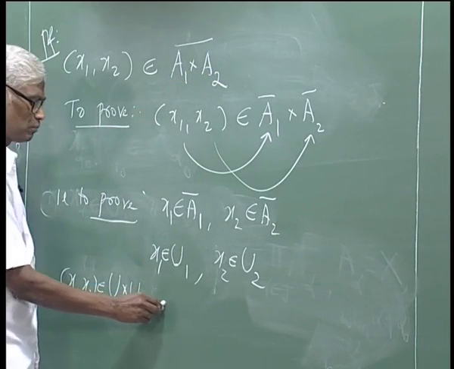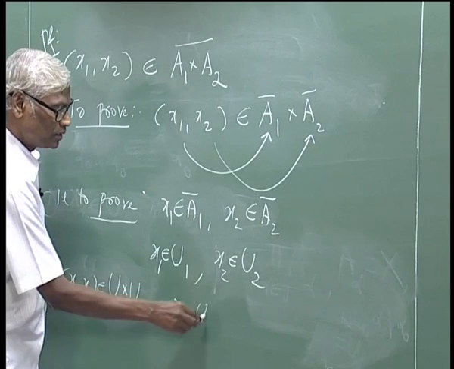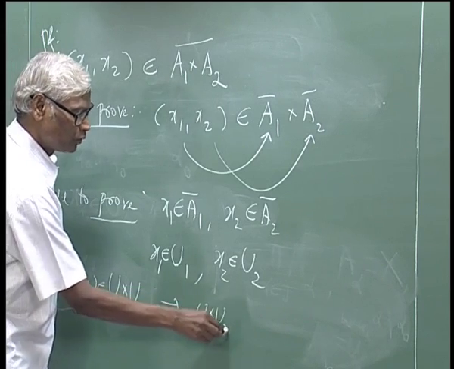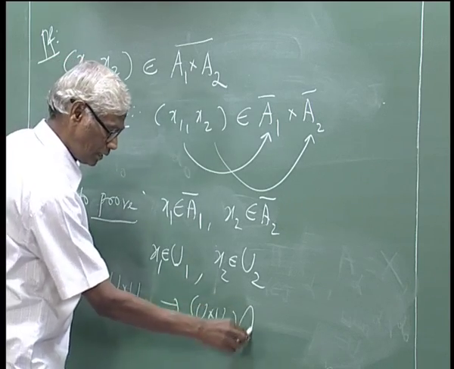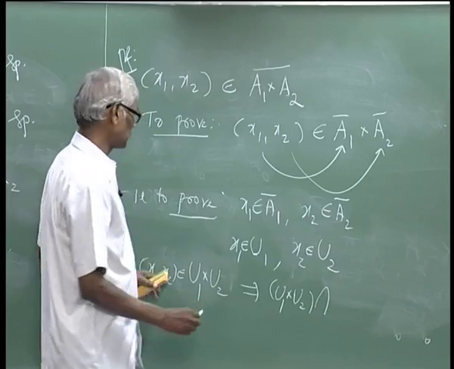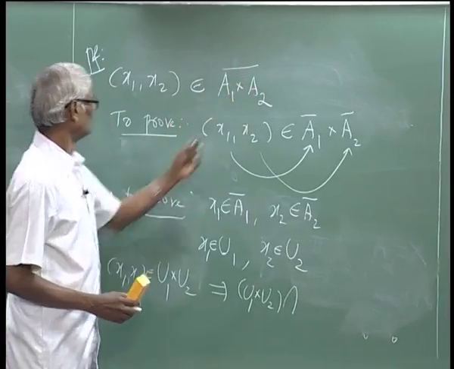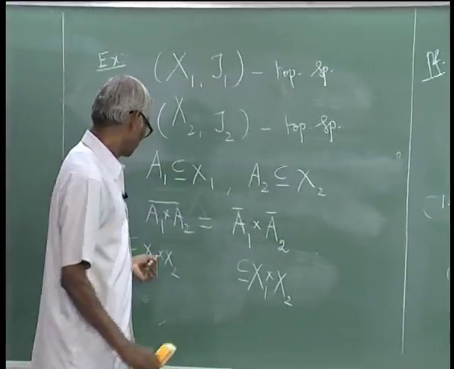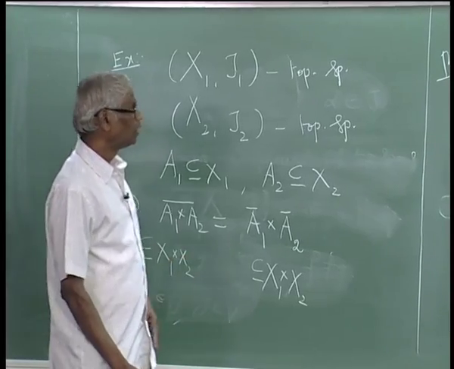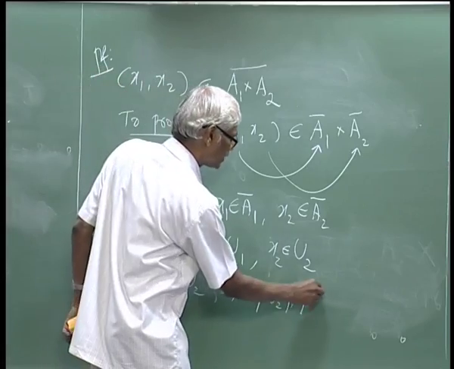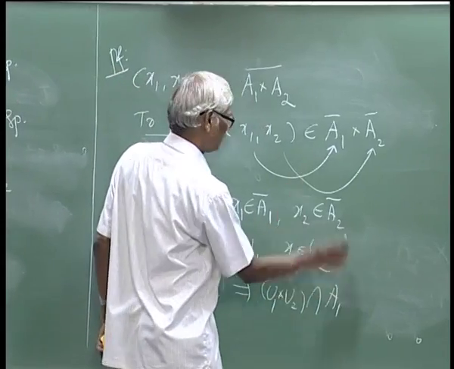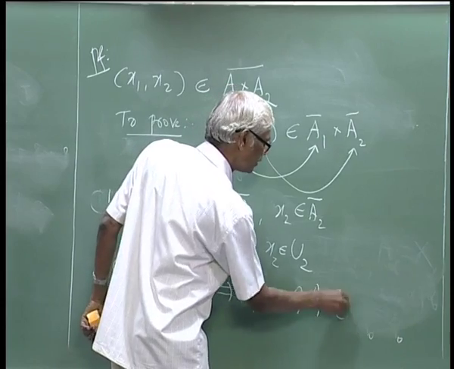So that will imply this U1 cross U2, a basic open set containing the ordered pair (x1, x2), and the ordered pair (x1, x2) belongs to, it is given, the closure of A1 cross A2. So, hence this intersection with A1 cross A2 is non-empty.